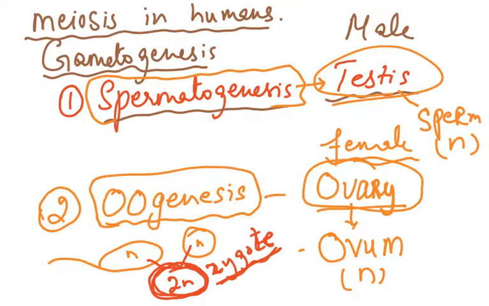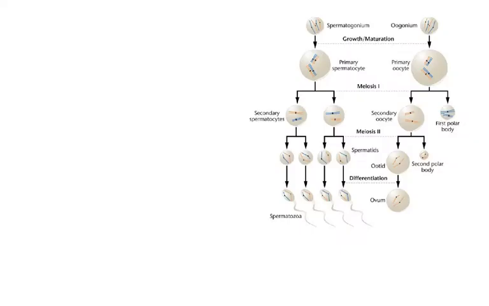Half of them, one of each pair, has come from the sperm, which means from the father, and one of each pair has come from the mother, which is in the ovum. So the sperm and the ovum fuse to form a diploid zygote, and the sperm is haploid and the ovum is haploid. Now we can study the two different processes, and we have to know the names of it.